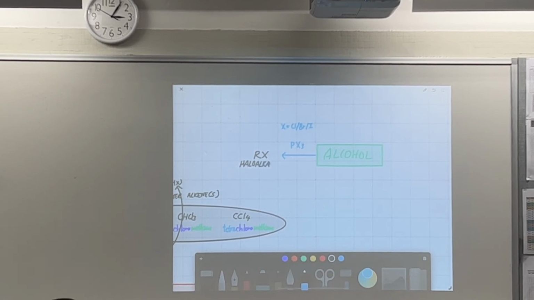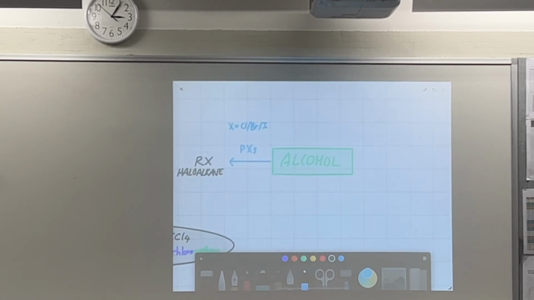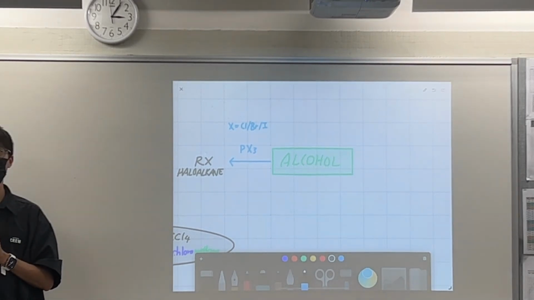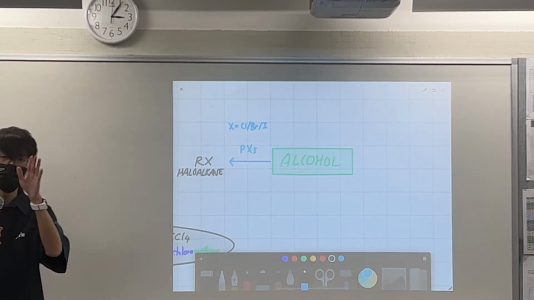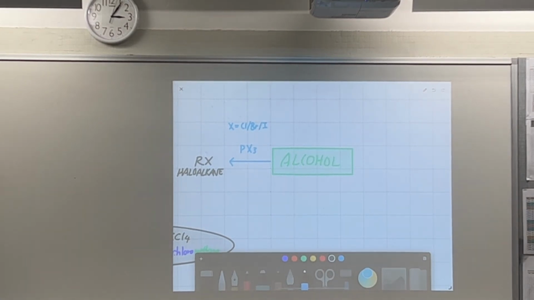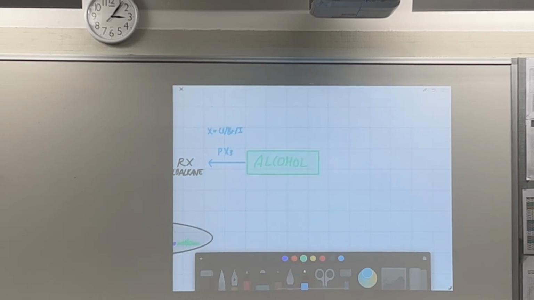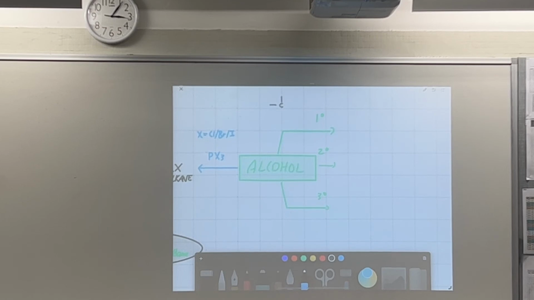What else? We learn to classify primary, secondary, and tertiary alcohol. Which of these three classes of alcohol can be oxidized? First two, meaning primary and secondary. Tertiary, can they be oxidized? No. So therefore we will have to split them off into three different groups because we have to treat them differently. Make sure you still remember how to identify an alcohol by the number of alkyl groups on the side.